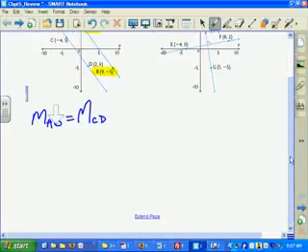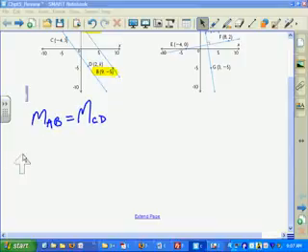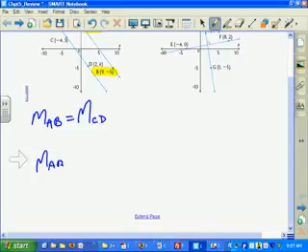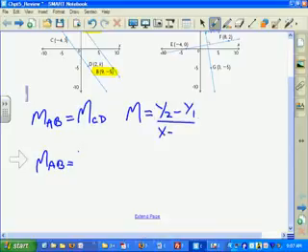Right, so y2 minus y1. So m AB equals... keep in mind that m equals y2 minus y1 over x2 minus x1.